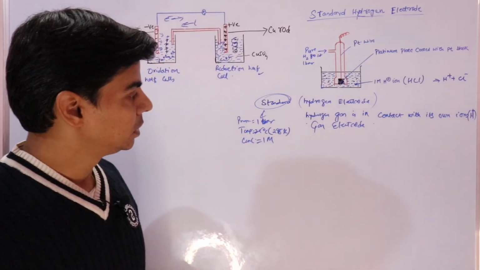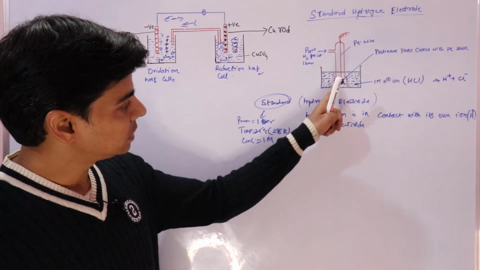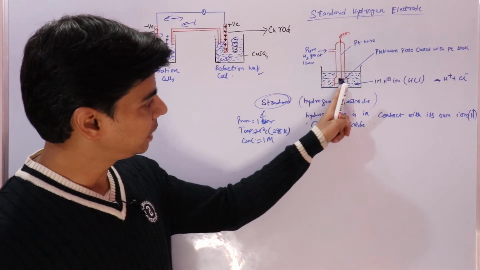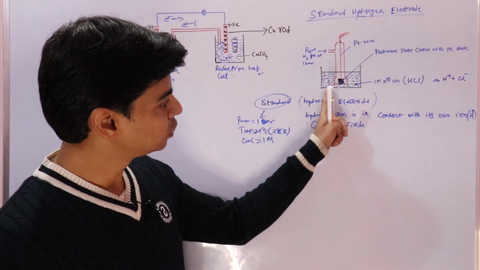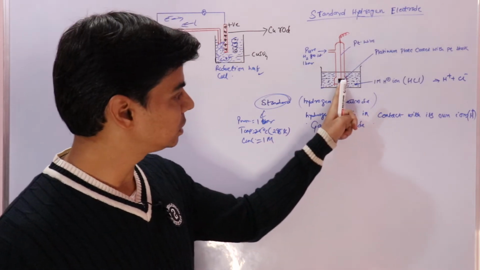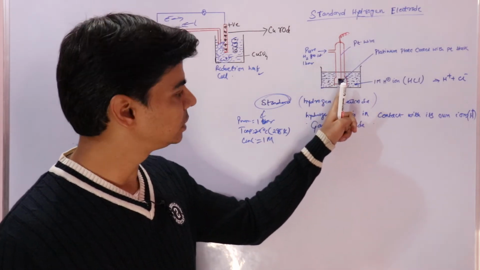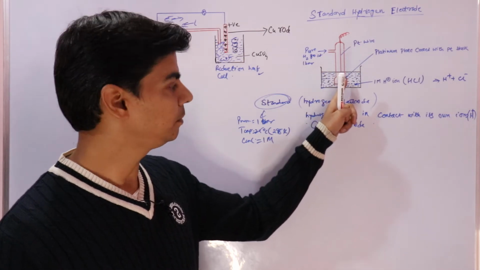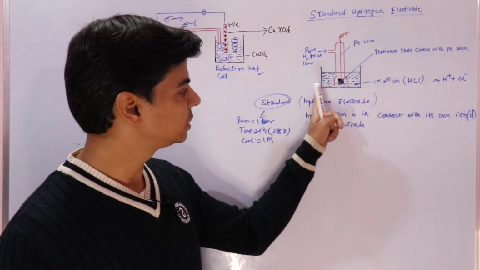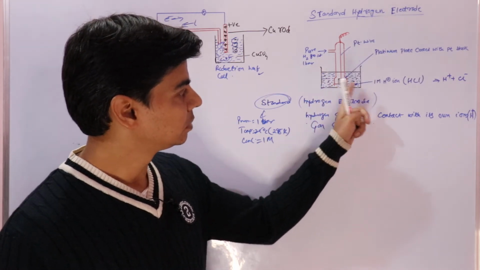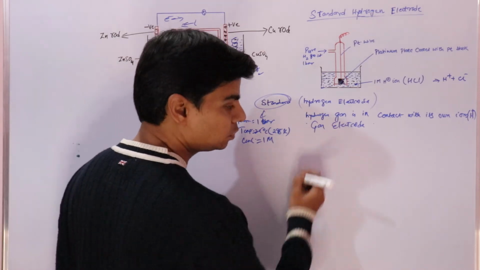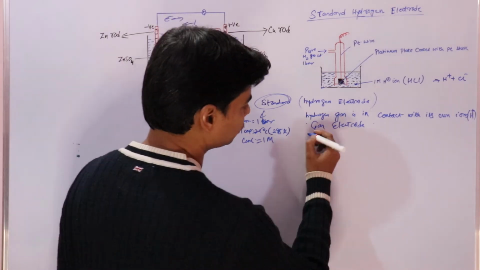Since hydrogen gas is on the surface of this platinum plate, and this platinum plate is immersed in this solution of HCl, which contains hydrogen ions, this is how hydrogen gas adsorbed on the platinum plate is in contact with hydrogen ions in the HCl solution.